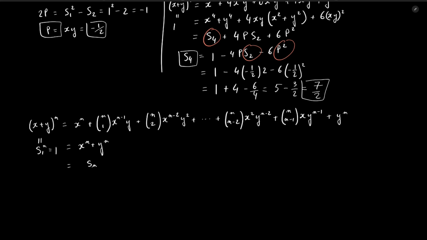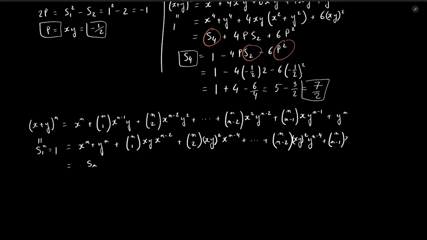This is equal to x to the power of n plus y to the power of n, which is exactly equal to Sn, plus n choose 1 xy x to the power of n minus 2 plus n choose 2 xy square x to the power of n minus 4 plus etc. plus n choose n minus 2 xy square y to the power of n minus 4 plus n choose n minus 1 xy y to the power of n minus 2, plus nothing because we already have the y to the power of n here.